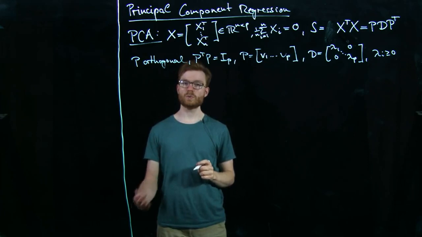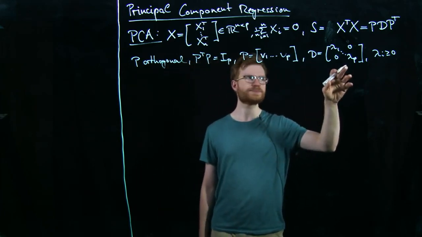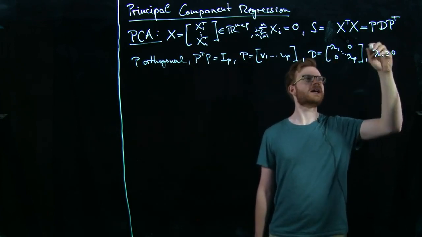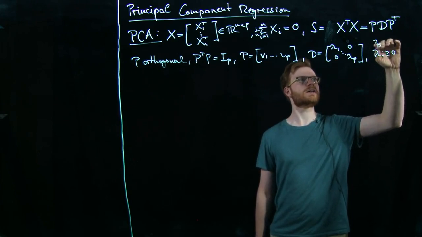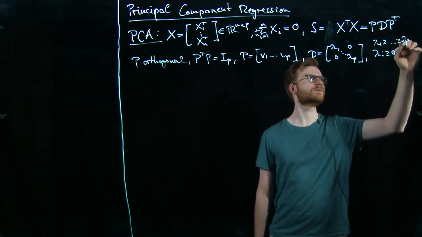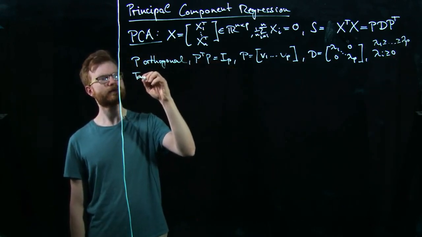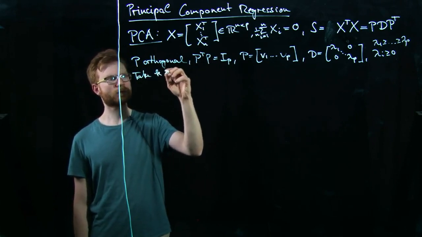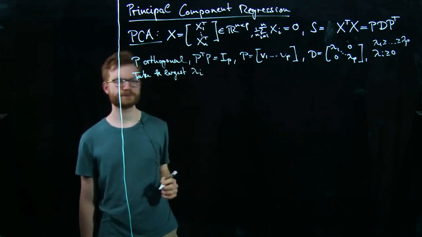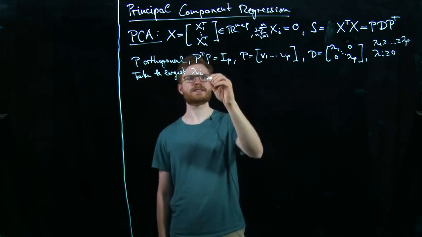All right. So what does PCA do? PCA says, well, take this matrix and just look at the largest values. Actually, I want also that lambda 1 is the largest and lambda p is the smallest. So take the k largest of the lambda i, and then project to their associated eigenspace.